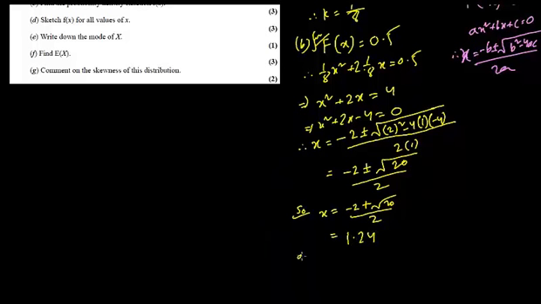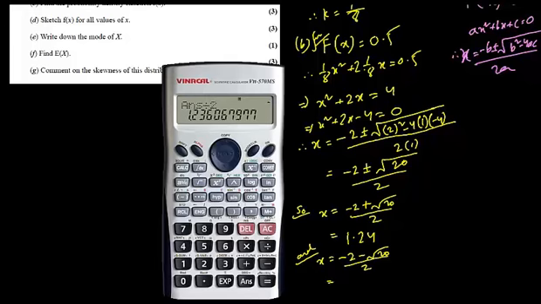And the next one is going to be x equals minus 2 minus square root of 20 divided by 2, which is going to be minus 3.24.